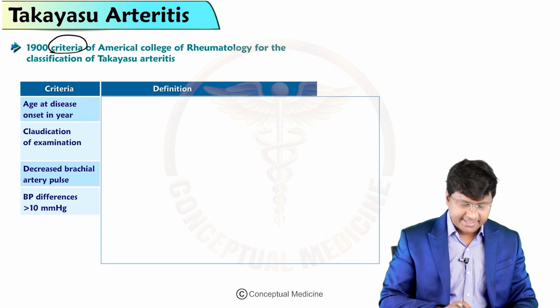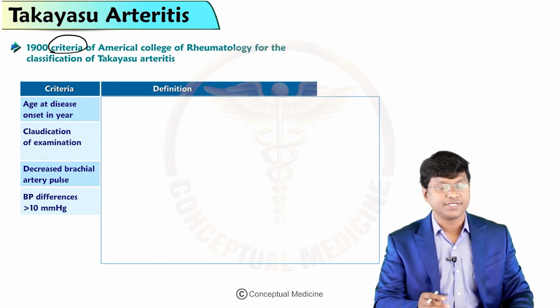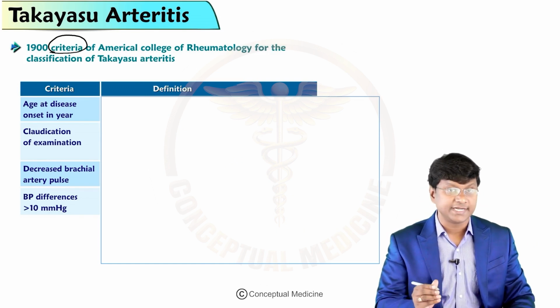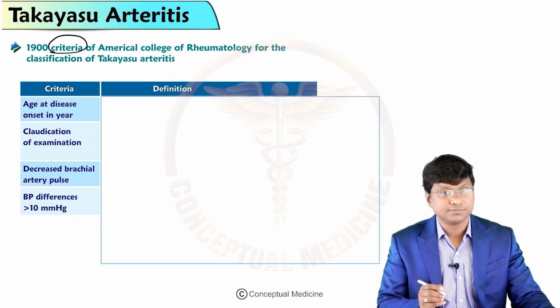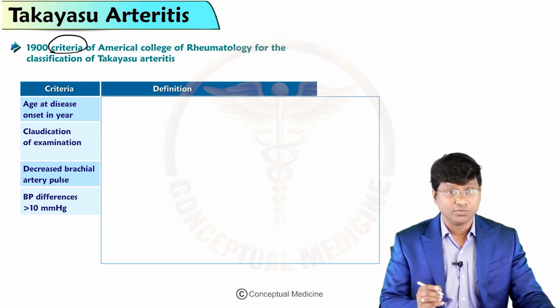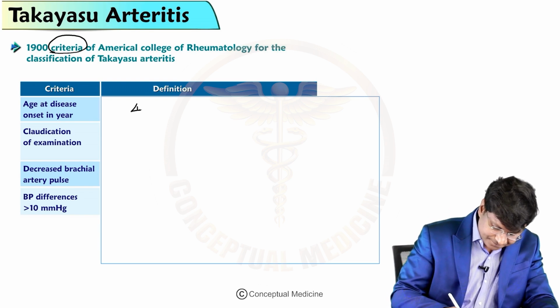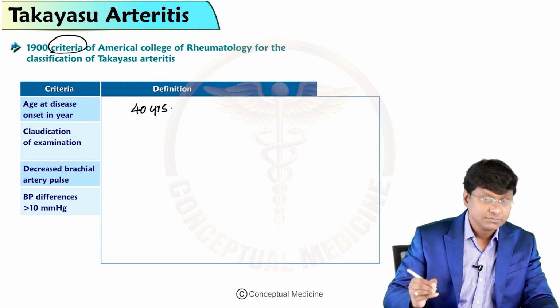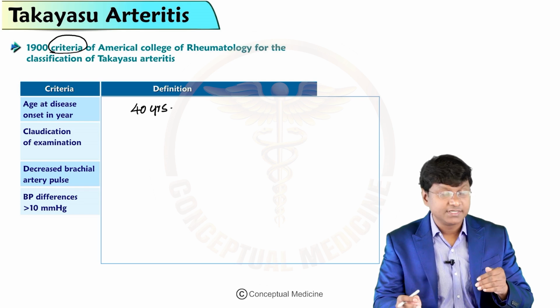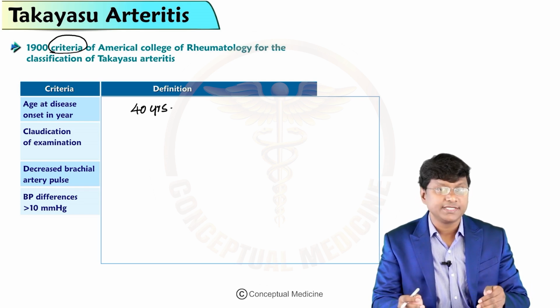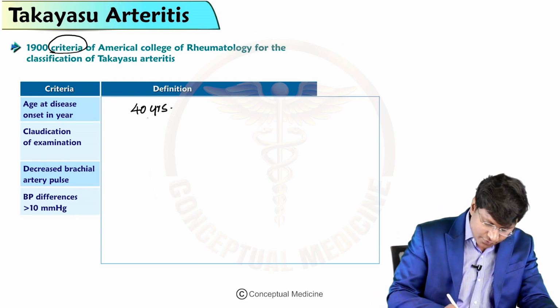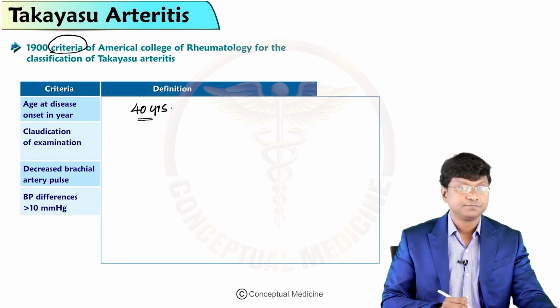Now, what is the criteria according to the American College of Rheumatology for classification of Takayasu arteritis? First of all, age at disease onset is around 40 years. So development of symptoms related to Takayasu arteritis is around 40 years of age.